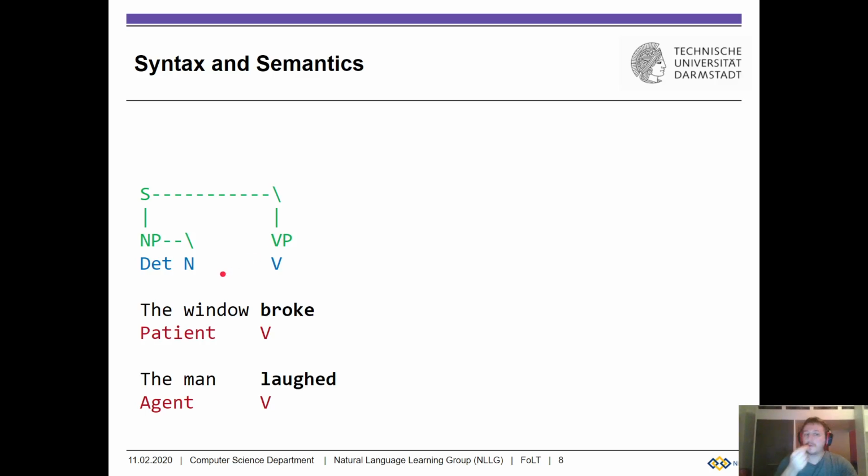At the same time, we can also have a semantic analysis by identifying the semantic arguments of the verb of a sentence. In both syntax and semantics, one typically thinks that the verb is the most important part of a sentence. So we start out with the verb and identify its arguments.